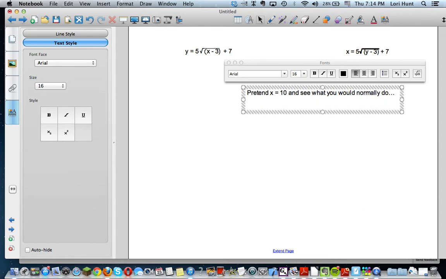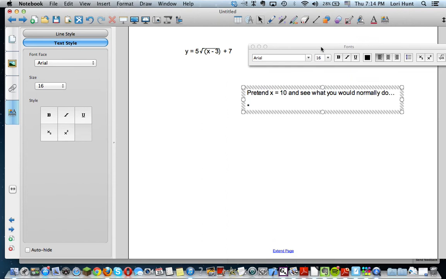So the first thing you would normally do, if you did not know what the inverse was, so you were just working with y equals 5 times square root of x minus 3 plus 7, you would say, well, I would subtract 3 first, because if I knew x was 10, I'd use order of operations and do what's in those parentheses and subtract 3.